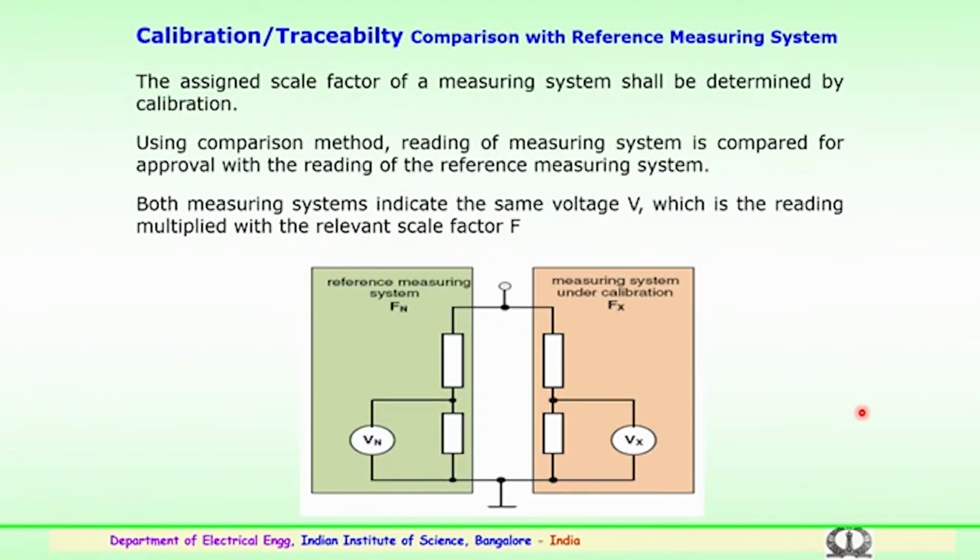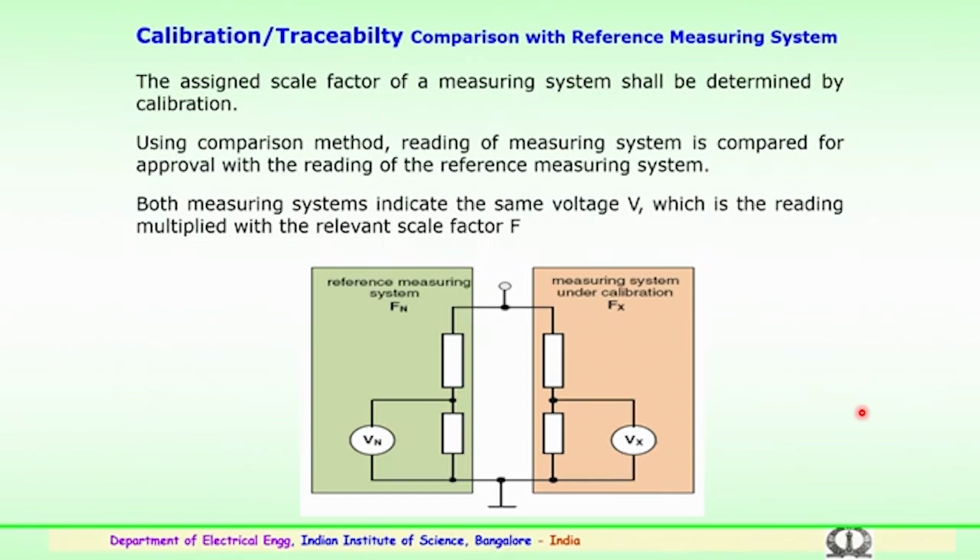The final important aspect of measurement is that you have to have suitable calibration and traceability. These are important requirements, along with comparison with reference measuring units. The scale factor of any measuring system shall be determined by its calibration. Using a comparison method, the reading of the measuring system is compared for approval with the reading of the reference measuring system.